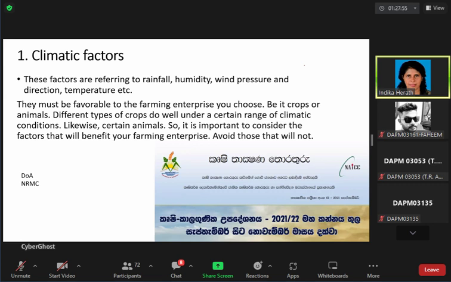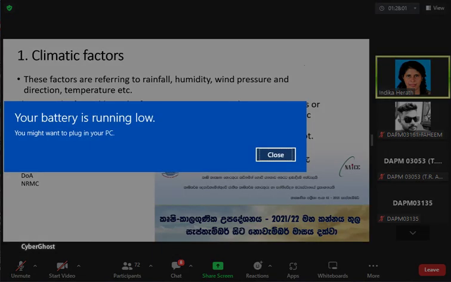Otherwise, if it is related to coconut, tea or rubber, there are separate staff members in the government sector; for coconut, you have coconut development officers, CDOs. They will provide you information on which variety is suitable and all those things.